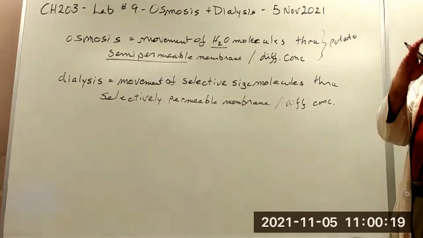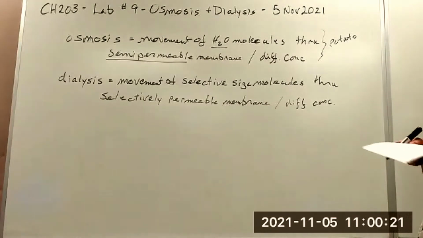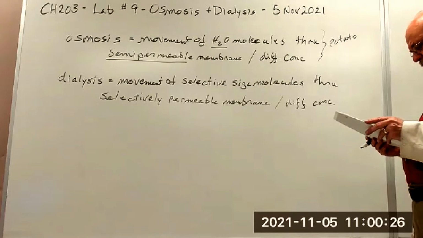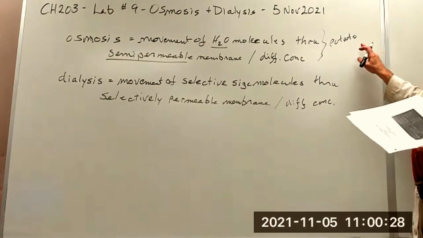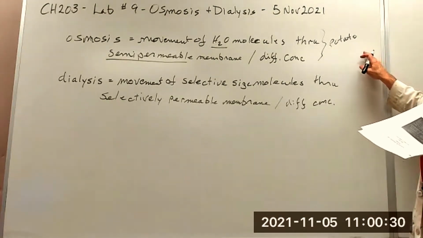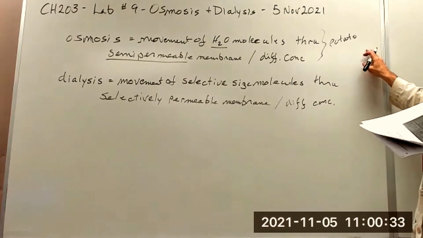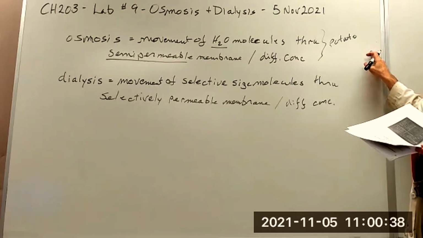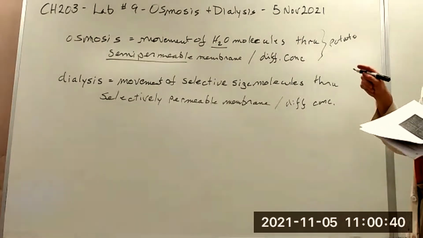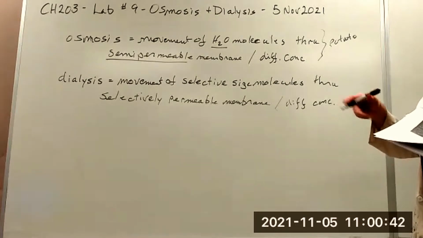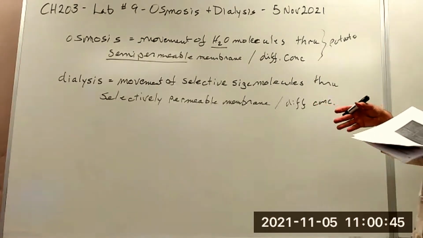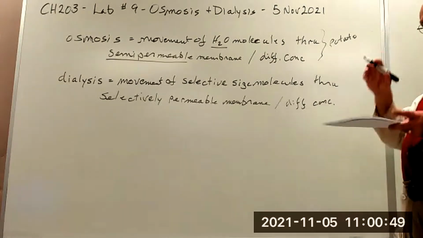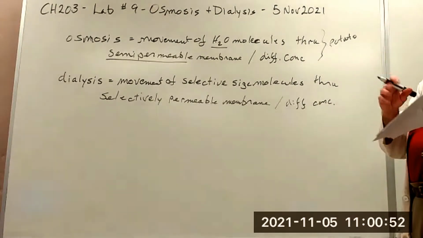It'll also make it get longer. You're going to measure that. If we soak it in isotonic solution, you should see relatively little difference. If you soak it in a hypertonic solution, the water is going to move out of the potato into the hypertonic solution, and the potato should shrink and get limp.